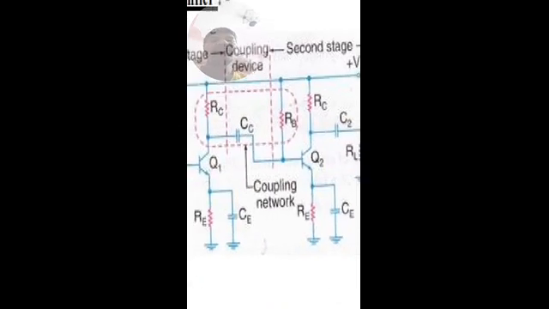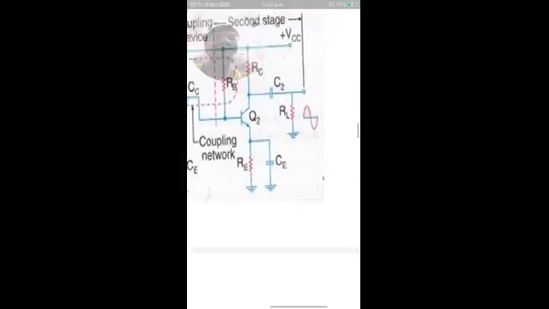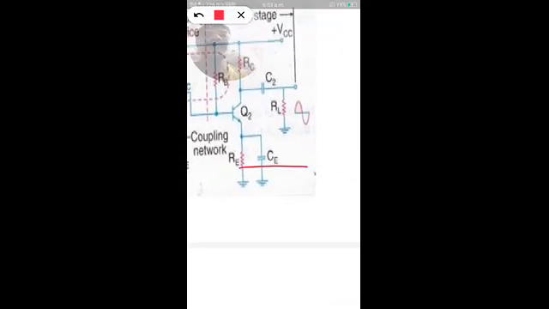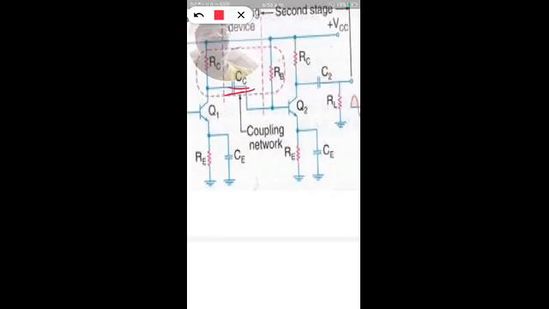See here, this coupling capacitor couples the amplified output signal, that is the voltage obtained at the collector resistor RC, to the base of the next stage amplifier.